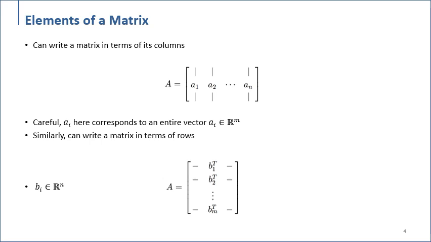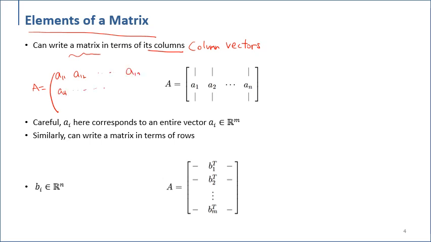And when we think about the basics of matrices, we can rewrite the matrix in terms of its columns, also called column vectors. So for example, let's say the A matrix is equal to A11, A12, up to A1n, A21, and so on down to Am1.